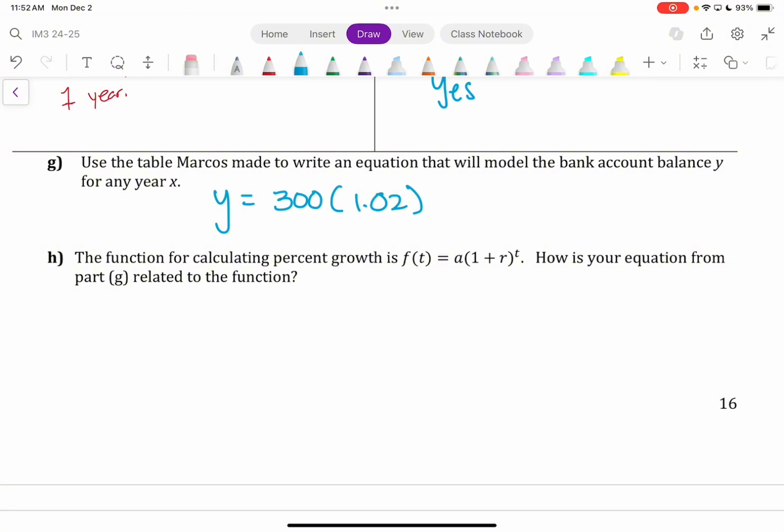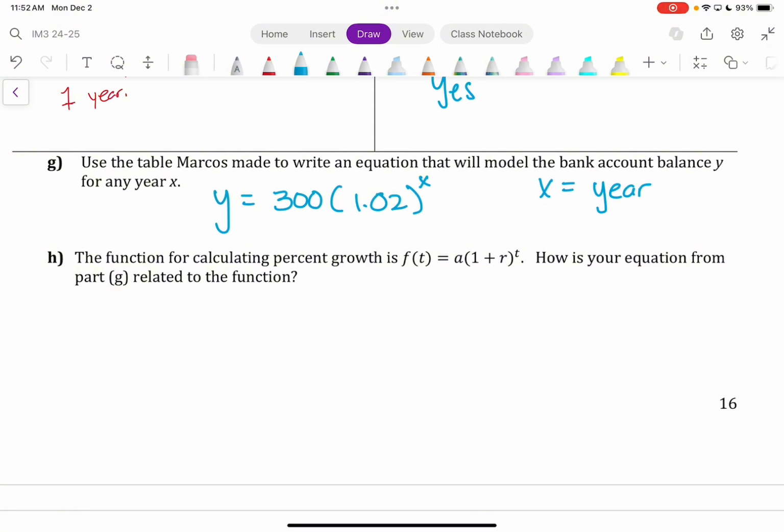So we're always multiplying by 102% of 300. The problem is, how many times are we doing this? And that's where the exponent comes in, because depending on what year you're trying to find is what the exponent will equal. Now, I will just leave it as x for now, but I want to make it clear that x represents the year.